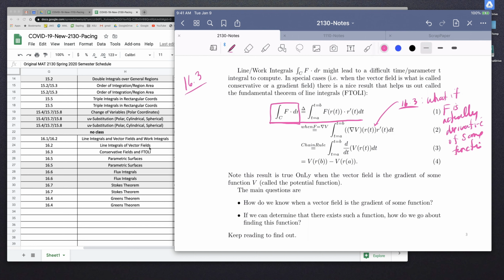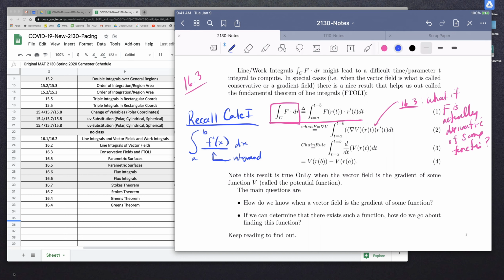Okay, and you'll recall from calculus 1 what happened if we integrated a function, and that function that we were integrating, the integrand, was a derivative of some function.